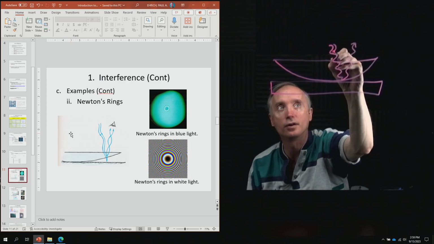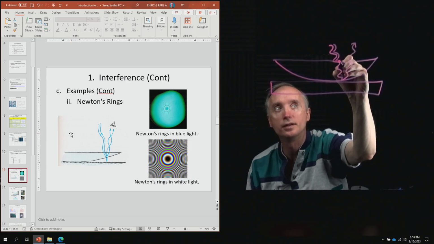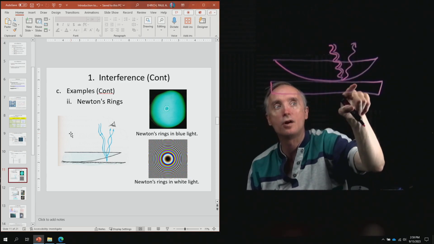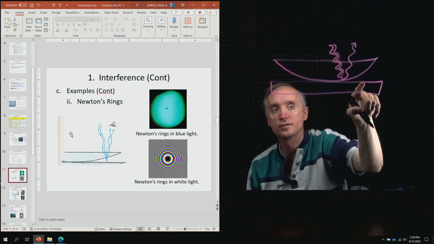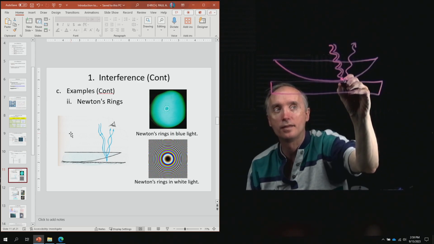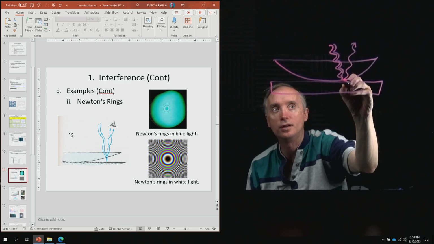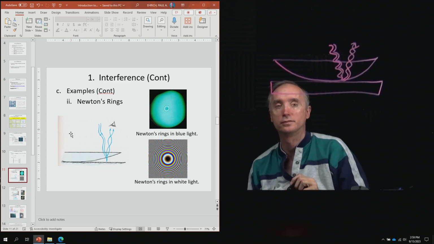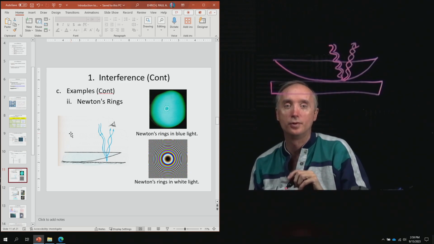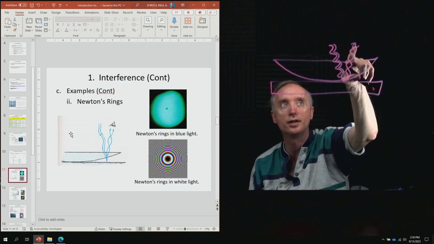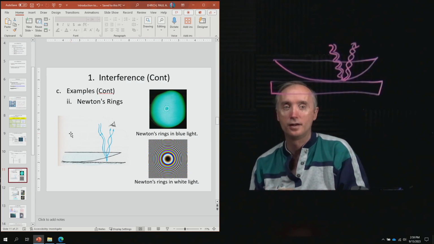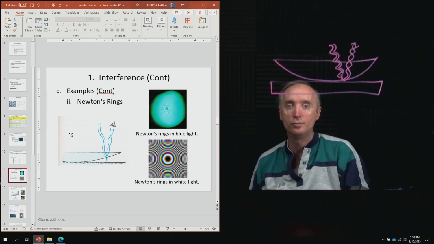So this light here, and this is the color blue, is going to be coming in like this, and it's going to bounce off of this surface here, and then is going to go into your eye like it did before. But notice that where this one has its crest, the other one has its trough. And so this one would be destructive interference.